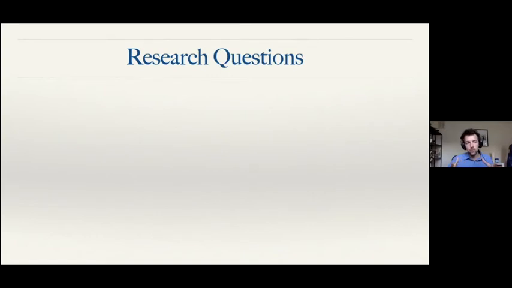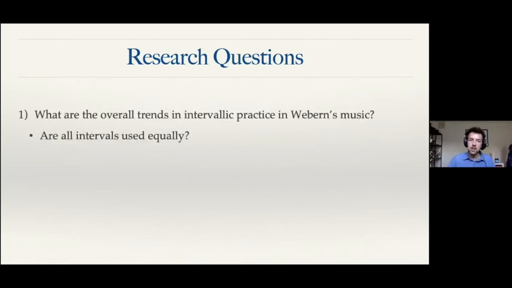The basic premise of this paper is to calculate an interval distribution for each movement in the corpus, and then I can compare these with regard to three particular research questions. The first is to take a very top-down view and ask, what are the overall trends in intervallic practice in Webern's music?